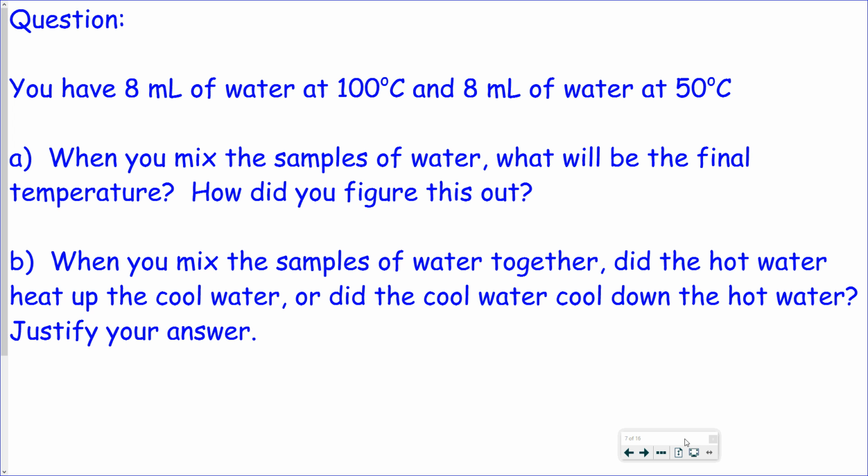There will be a prompt on Schoology, that's a discussion page, where you can write your response to this question. Please pause the video at this point and think about your response and type your response to part B.